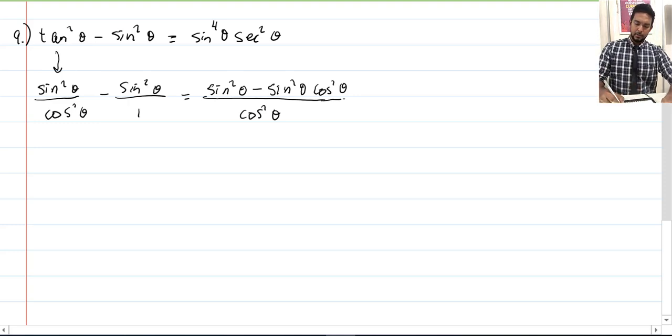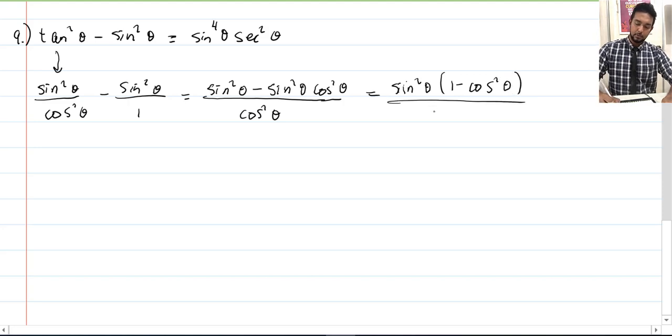Interesting. Now we have a couple of options here. One option is to factorize using sine squared theta as the common factor, which will give us 1 minus cos squared theta all over cos squared theta. Interesting. What's 1 minus cos squared? Aha!